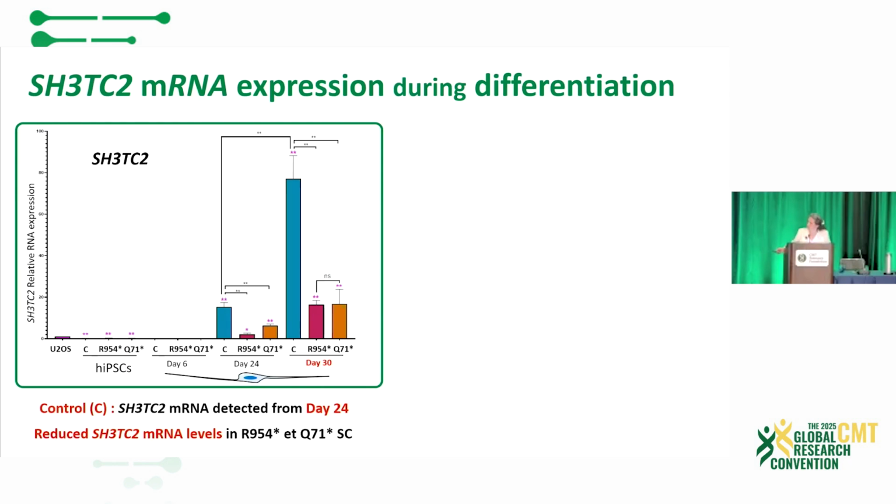But during differentiation, you can see SH3TC2, here in blue in control, starting to be expressed from day 24, and at day 30 we have a very nice expression. In the mutated cells, we have a reduced level of SH3TC2.